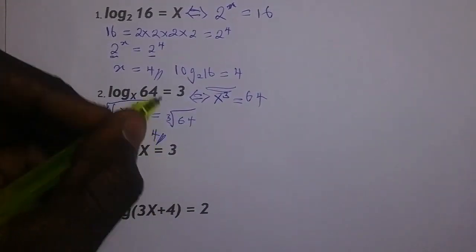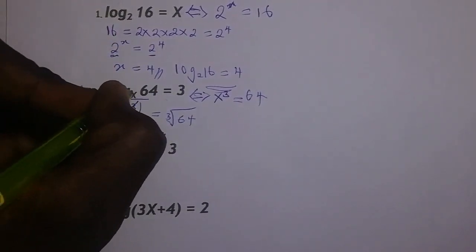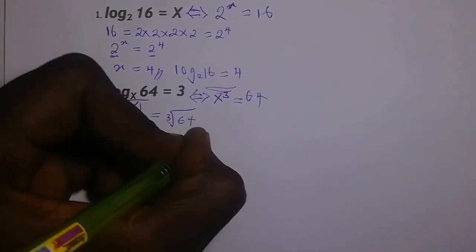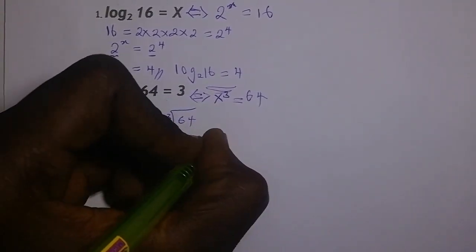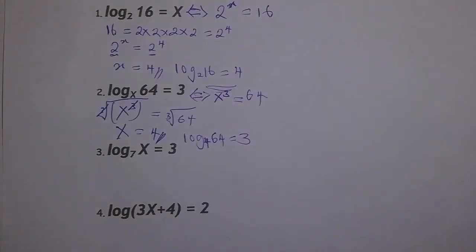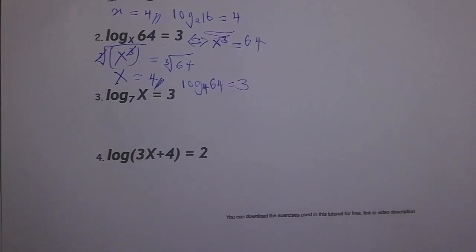So the base is 4, and we can write log to base 4 of 64 equals 3. That's the answer.